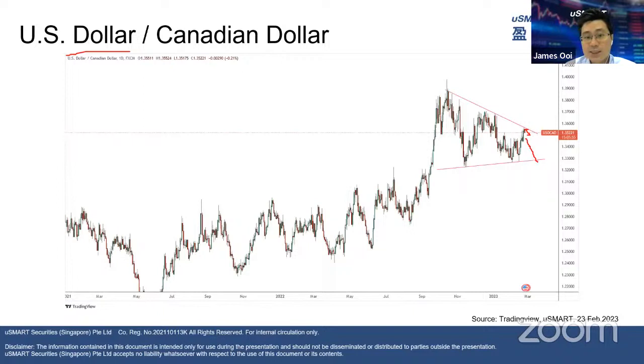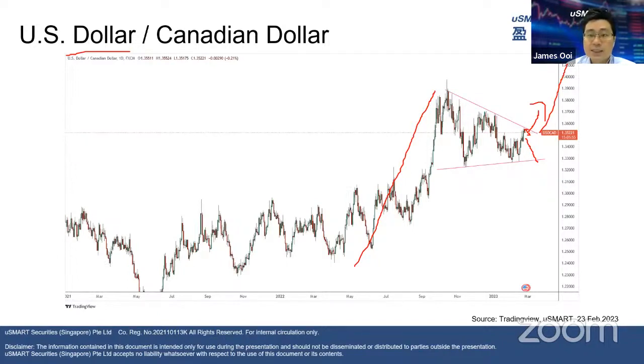But my guess here is it will break above the upper line and continue to move higher. Probably the reason for that is I expect it to actually form a flat formation. So this is why I see it could probably go higher.